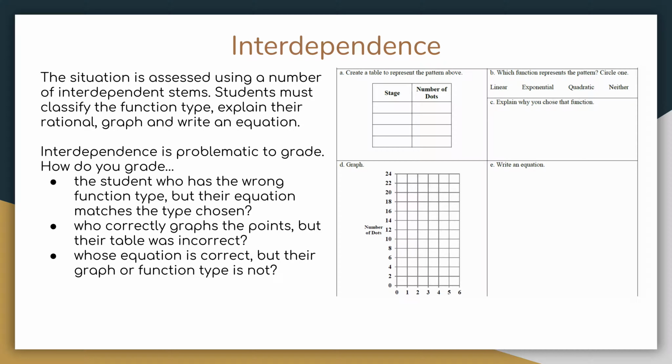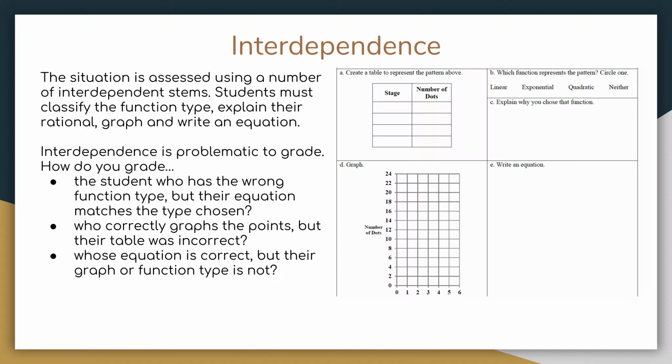Interdependence is problematic to grade. For example, how do you grade if the student has the wrong function type, but their equation matches the type chosen? They answered the item incorrectly, but their work is consistent all the way through. Should they be given full credit for everything? Should they be marked wrong for everything?